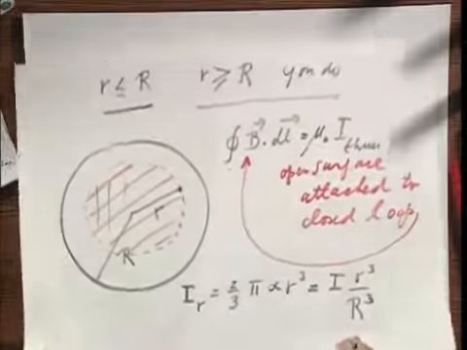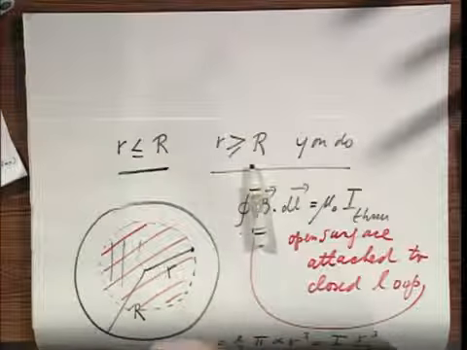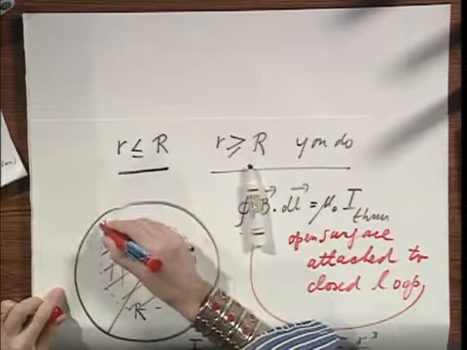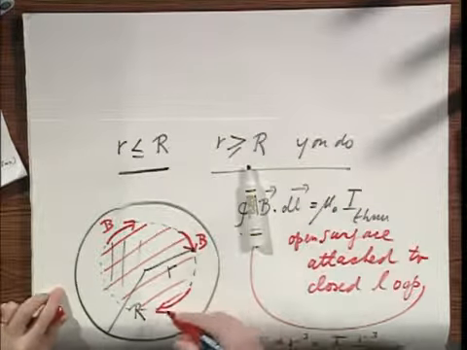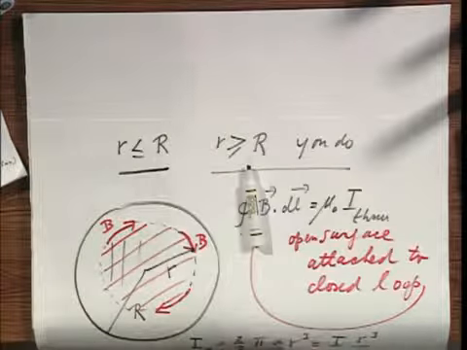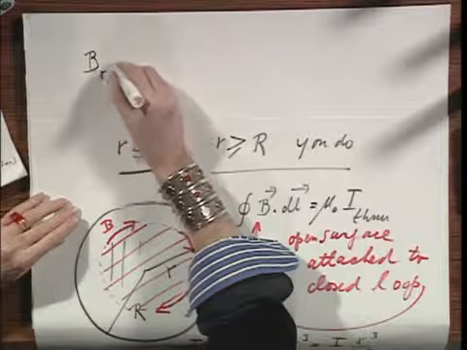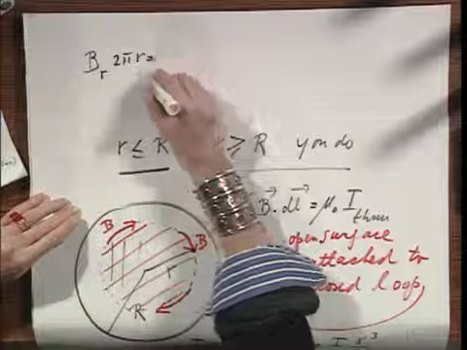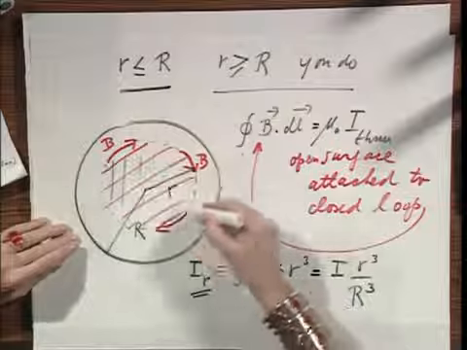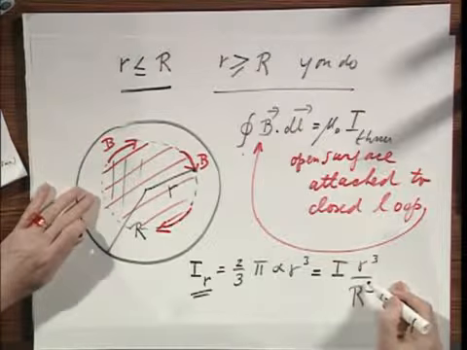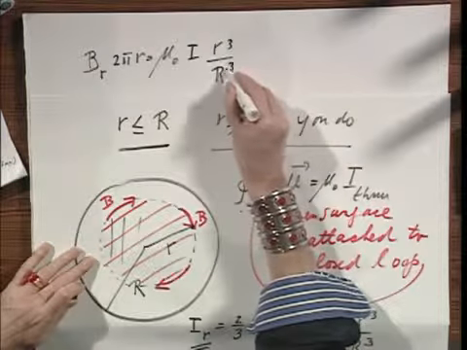So if we apply Ampere's law and we go around in this circle, the magnetic field by convention is in this direction. It's everywhere the same because the radius little r doesn't change. And so we get that B at that distance r times 2 pi r equals mu0 times the current going through that flat surface, uniquely determined, and that equals I r cubed divided by R cubed.